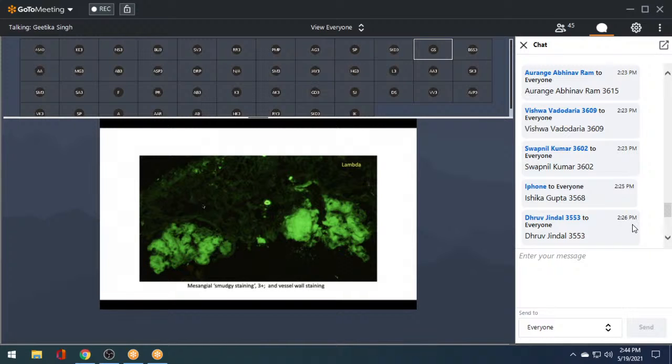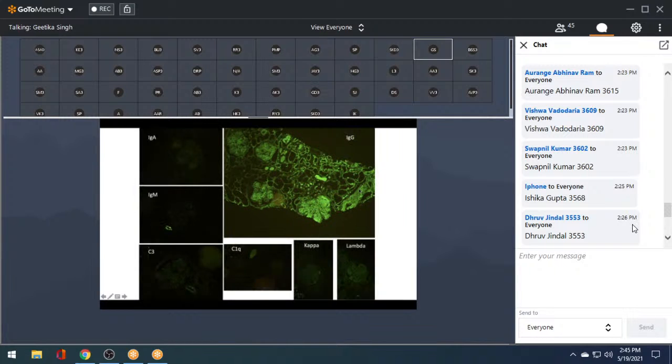That means it has come from a monoclonal plasma cell proliferation. Okay, so this amyloid is AL amyloid, lambda restricted. Now, another example of monoclonal related disease is in this panel, which is looking very interesting, isn't it?